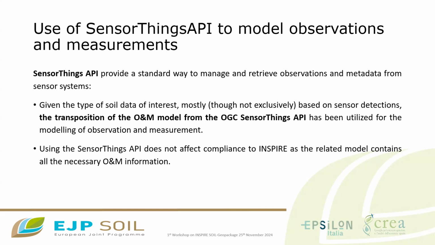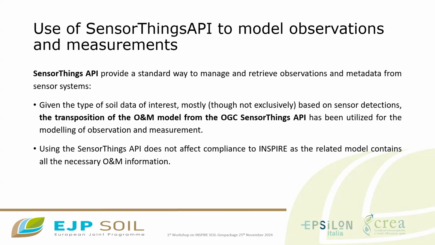Given the nature of the soil data of interest, which, as I said before, is mostly based on sensor detection, the transposition of the O&M model from the OGC Sensor Things API has been utilized for modeling observation and measurements. What does it mean? That we introduced the data stream concept. That's said in few words, but we will get into the details of this.